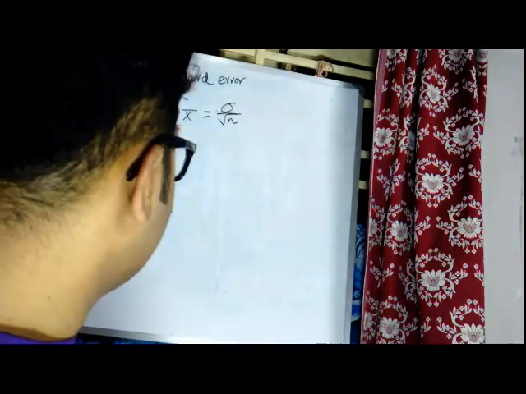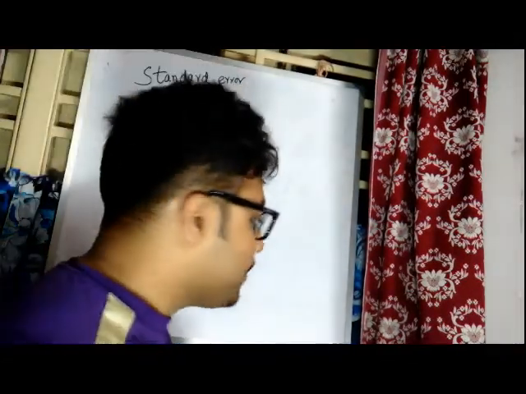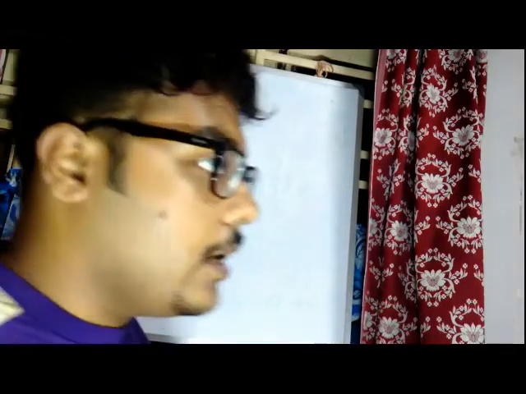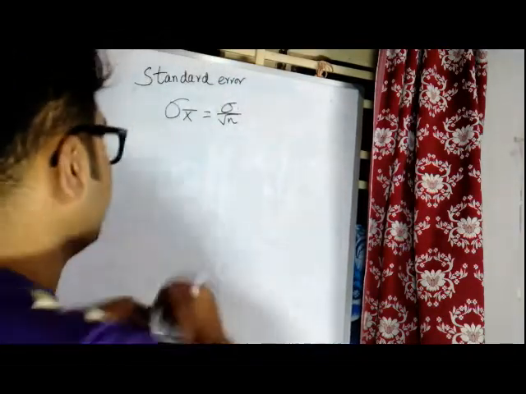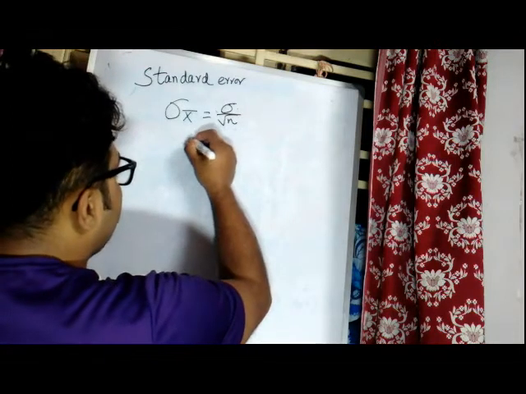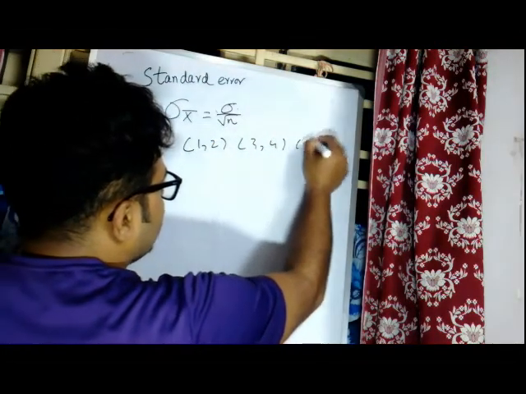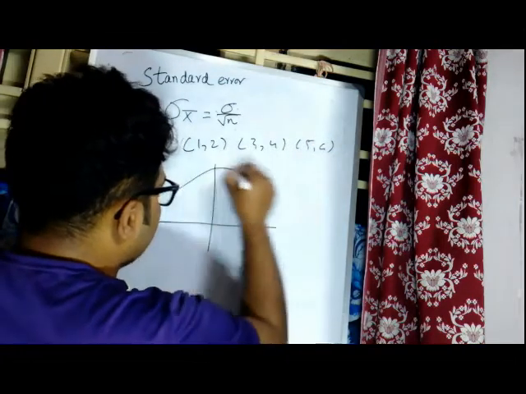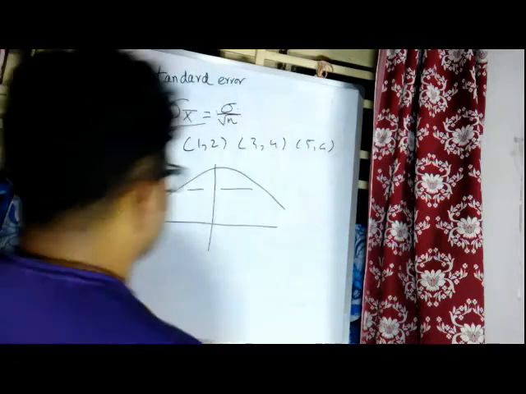So this standard error represents how much the sample mean is deviated from the actual total mean of the samples of the sampling distribution. That is, if we take the samples like 1, 2, 3, 4, 5, 6 and all, how much they will deviate from the actual mean, it will be considered by this.